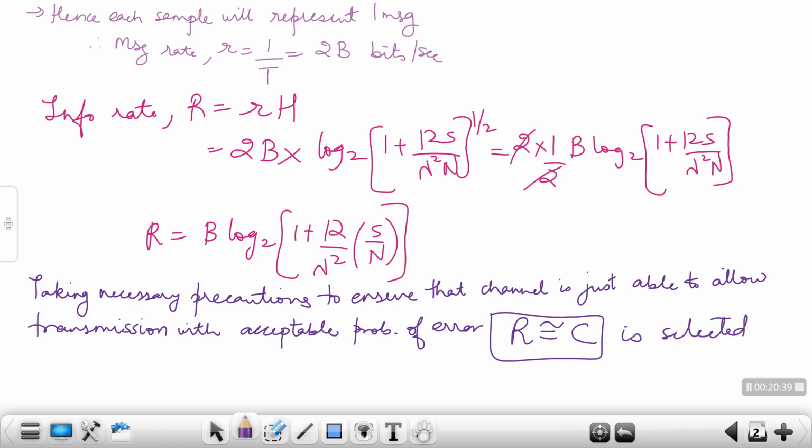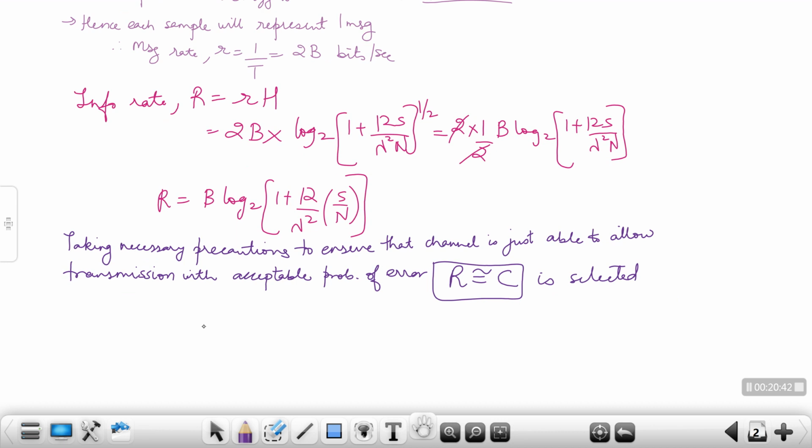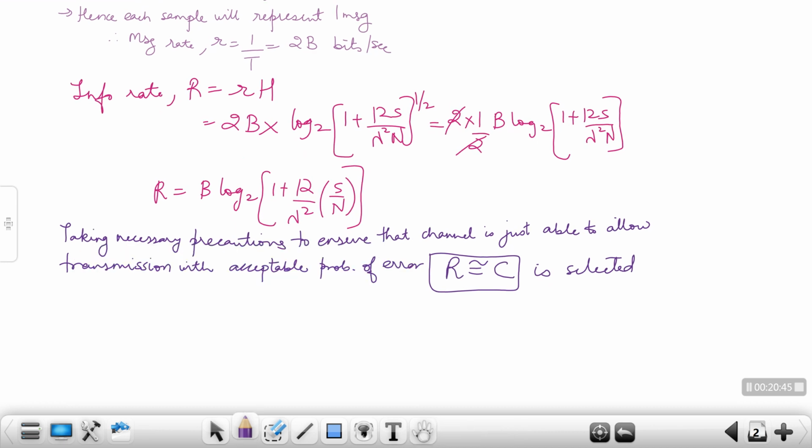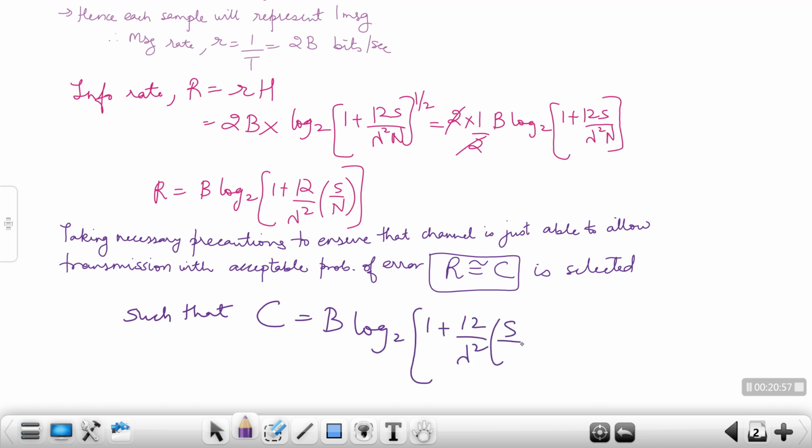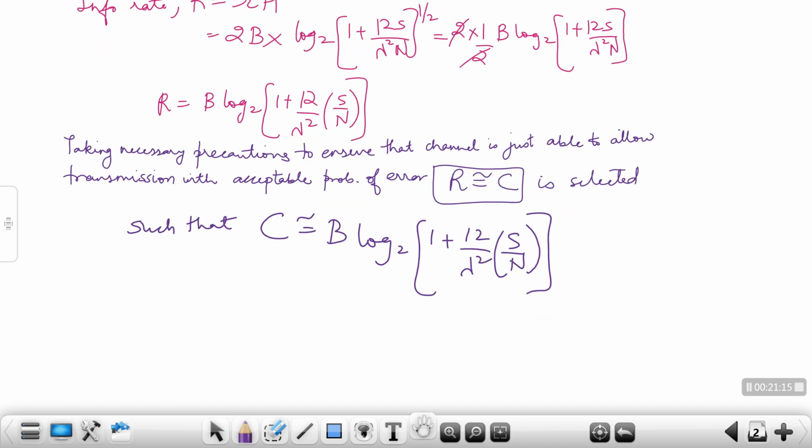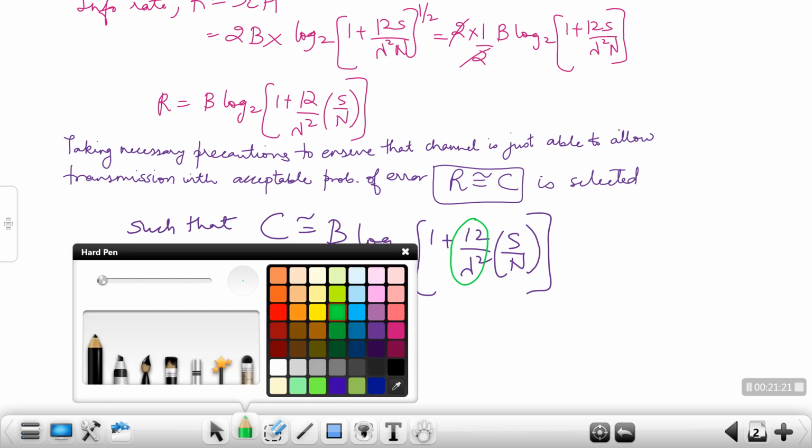So we can write this equation for the channel capacity. Now still we are not done. We are going to select the value of lambda in such a way that 12 upon lambda square is equal to 1.